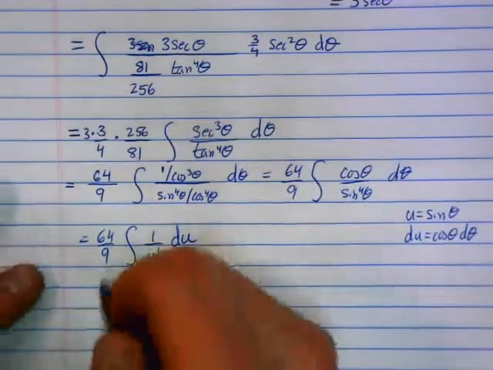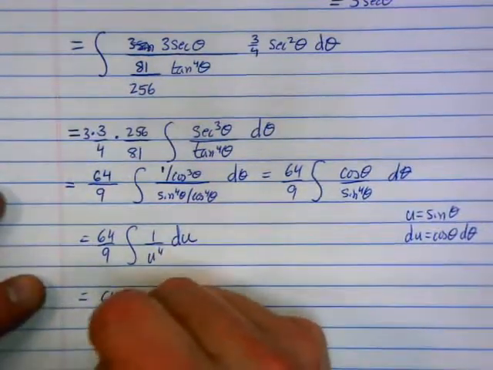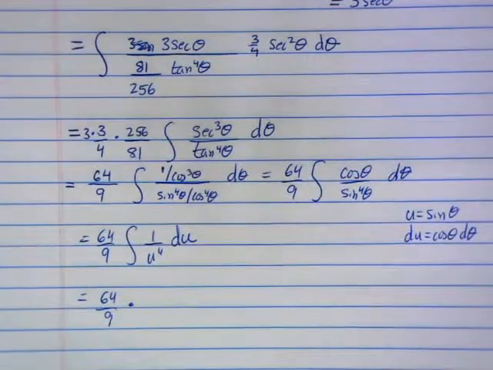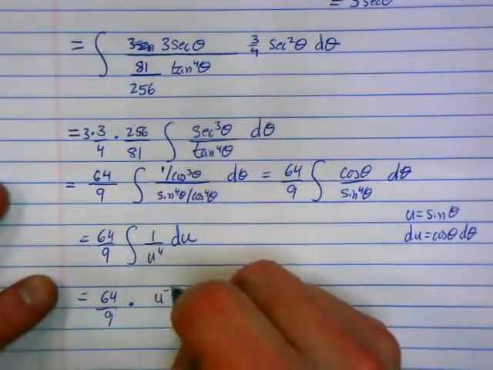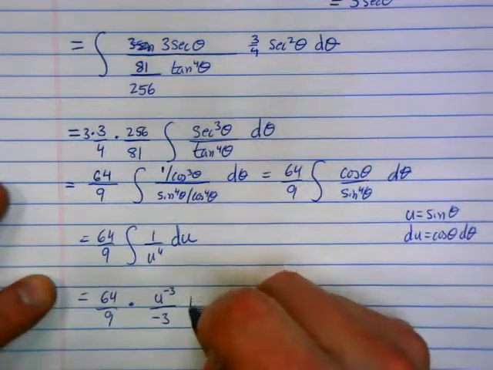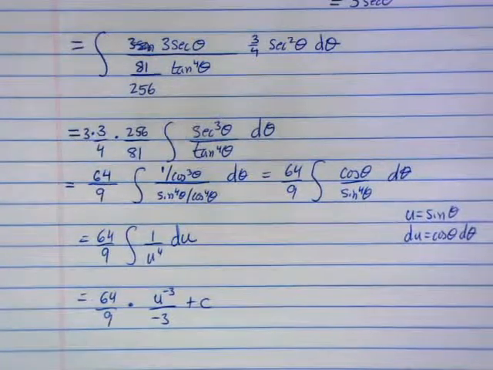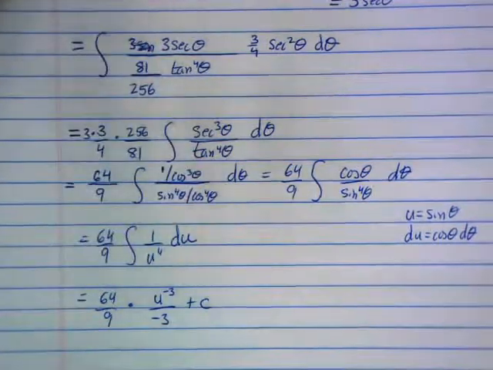That's 64 over 9 times, what's the antiderivative of 1 over u to the 4th? U to the negative 3 over negative 3 plus c. Almost done now. Our problem started with x's way back up here. You can't even see it anymore.